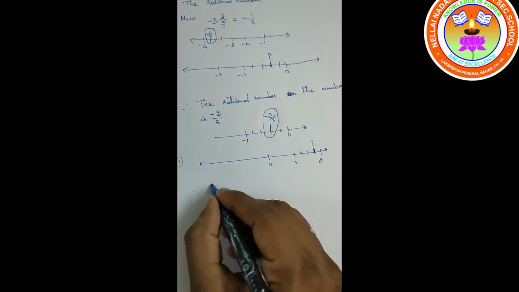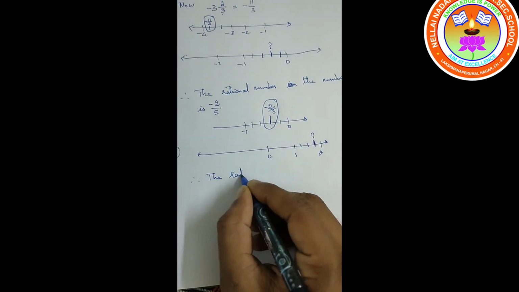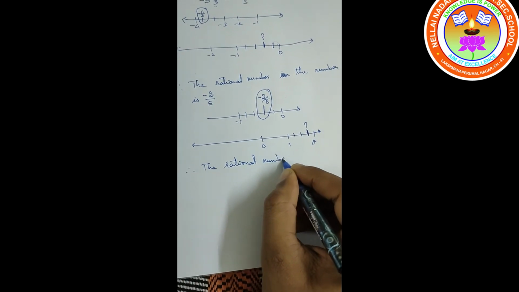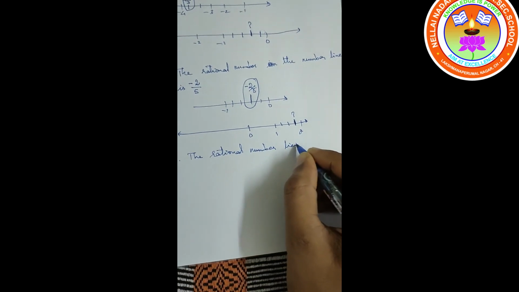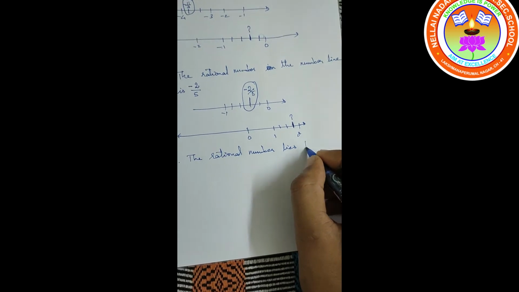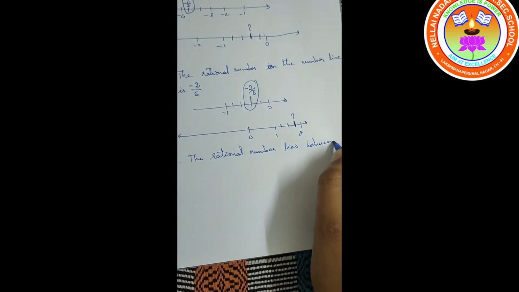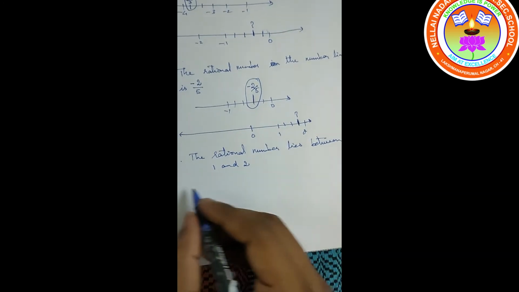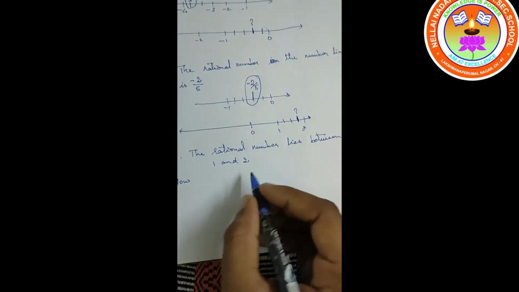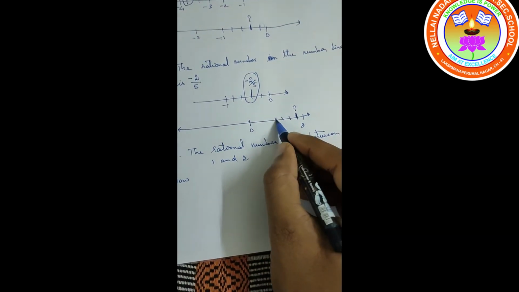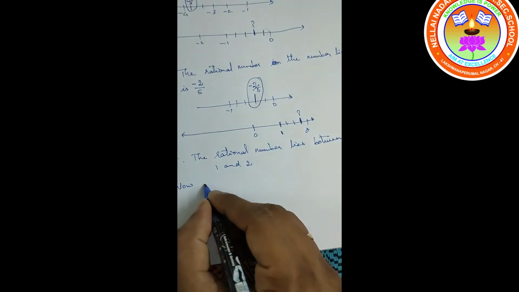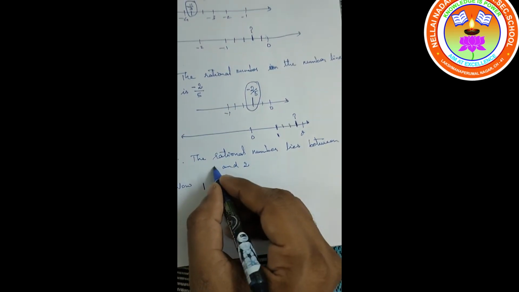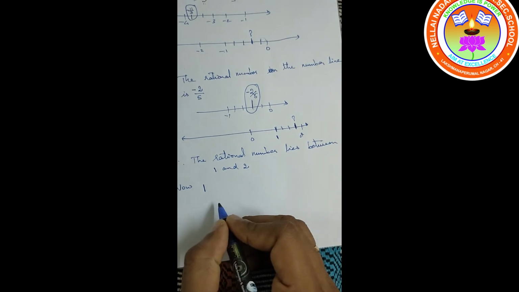The rational number lies between 1 and 2. Got it? Why are we writing now? We can write the first smallest number is 1. We are going to write it in the form of a mixed fraction. So write the smallest number 1.